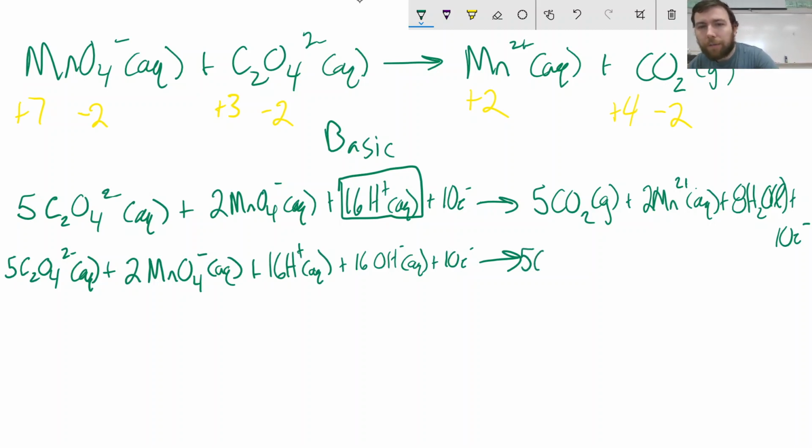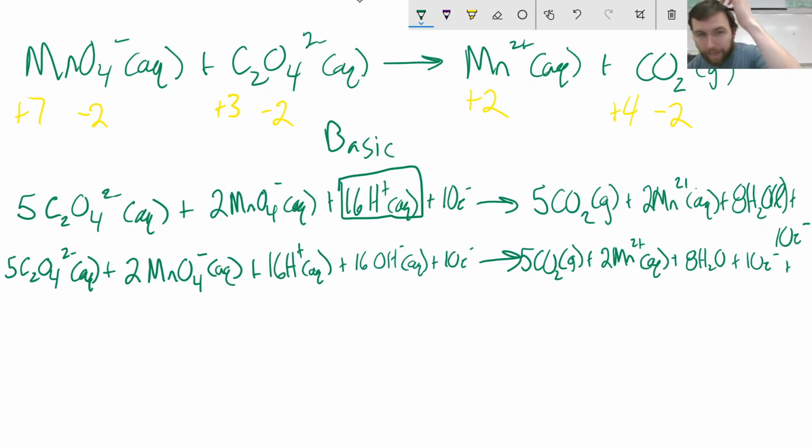I've got 5 CO2s as a gas plus 2 Mn2+ (aq) plus 8 waters plus 10 electrons plus, now we added 16 hydroxides to the left, we have to do the same thing on the right, so plus 16 OH- (aq). Now, what that's going to do is combine these terms right here to give us 16 waters, right?